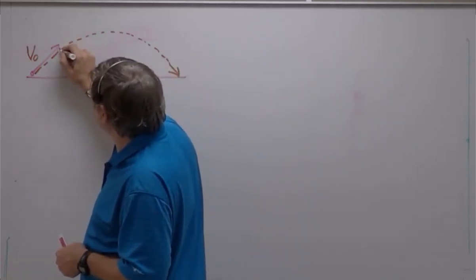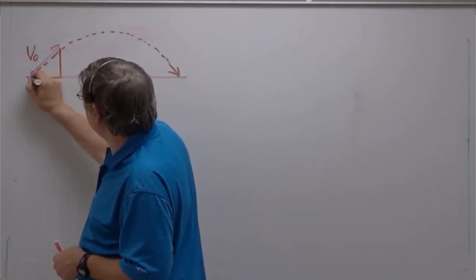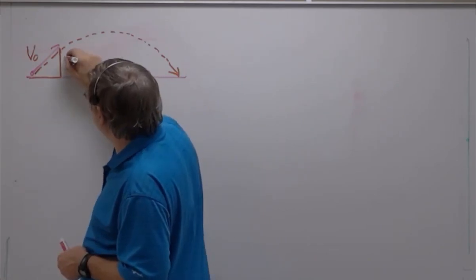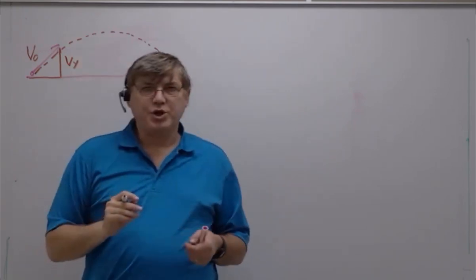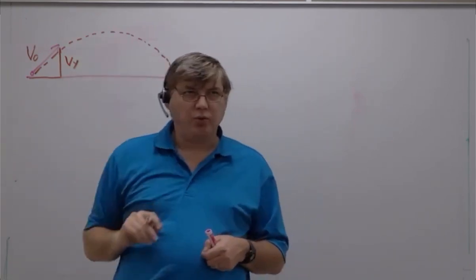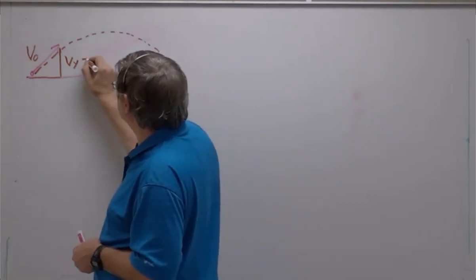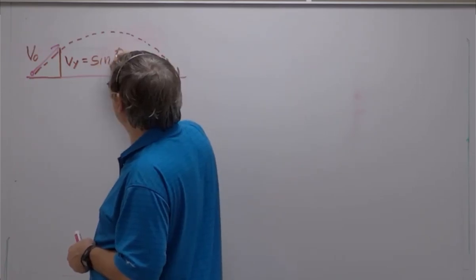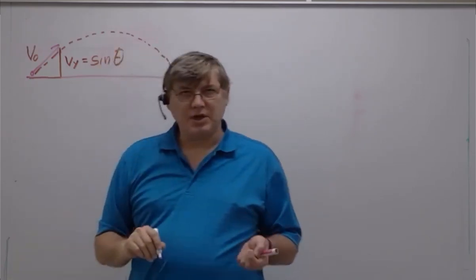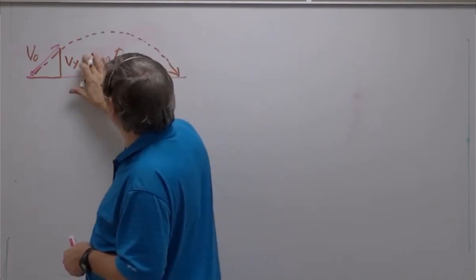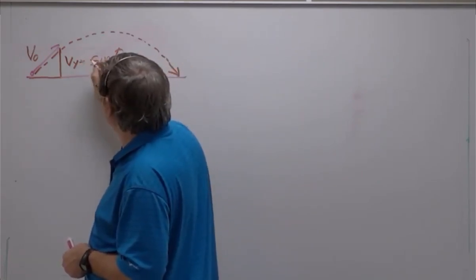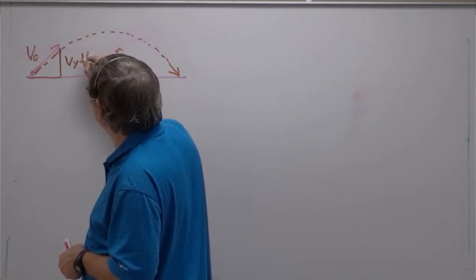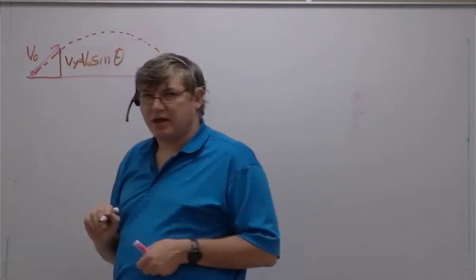Well, this describes a triangle here, a right triangle, and Vy, that's the portion that's going up when we fire it. And Vy is equal to the sine of the angle times the initial velocity. So I'm going to put the initial velocity in the front here. So we have V naught times the sine of the angle.